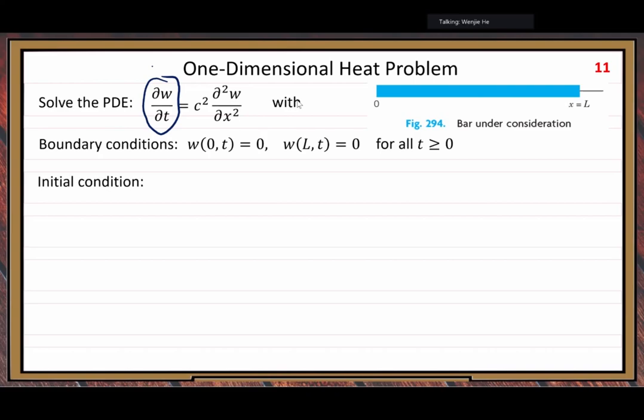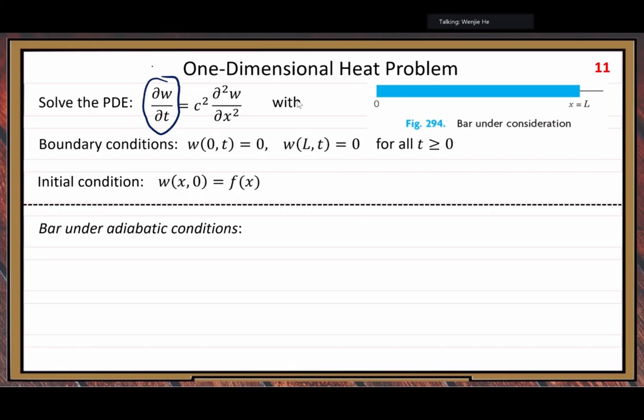Then the initial condition when t equals 0, because we consider t from 0 to infinity: W of x, 0 equals a given function f of x. That's the simplest form of the heat equation.